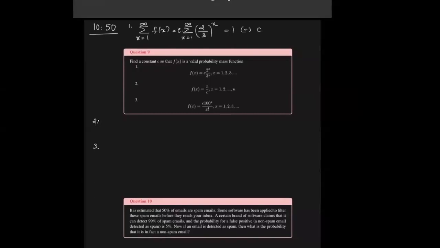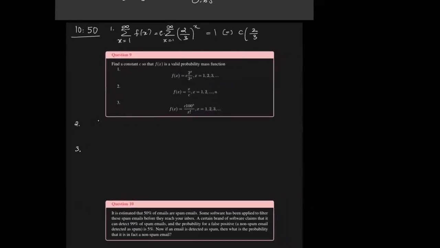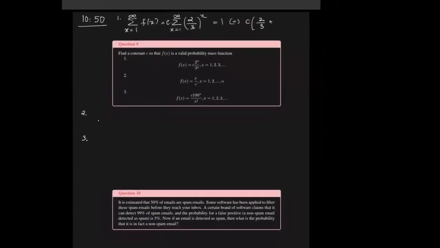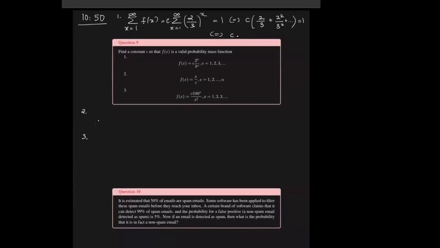If I expand it out, I will see that there's a geometric series. When x equals 1, I have 2 over 3. X equals 2, I have 2 squared over 3 squared. X equals 3, I have 2 cubed over 3 cubed. And it has to add up to 1. For an infinite geometric series, we can calculate the sum by taking the first term divided by 1 minus the ratio.